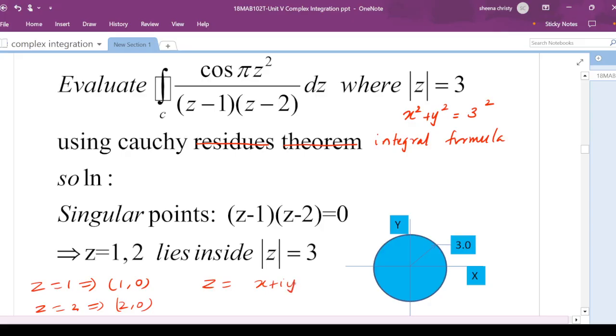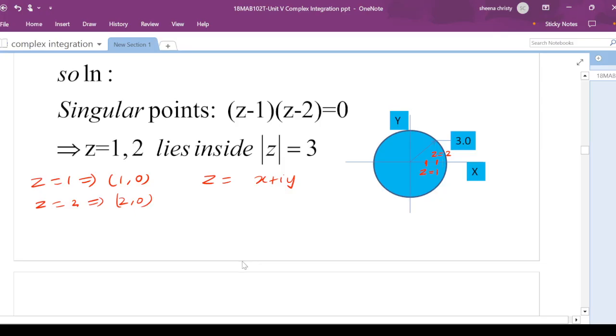By equating the real and imaginary parts, you are getting like this. So let us take it as (1, 0) here, that is z equal to 1, and z equal to 2 somewhere here. So both points lie inside C. As in the previous problem, you have to separate it with the help of the partial fraction method.